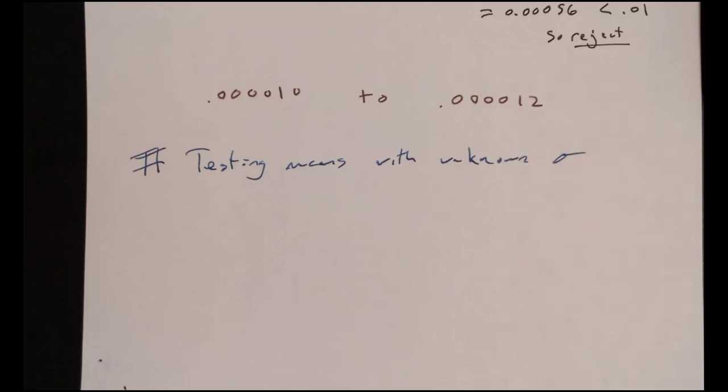In our discussion of these light bulbs, we knew the population of light bulbs had a standard deviation of 500 hours. Well, what if I don't know that? What if I don't know my population standard deviation or variance? What do?